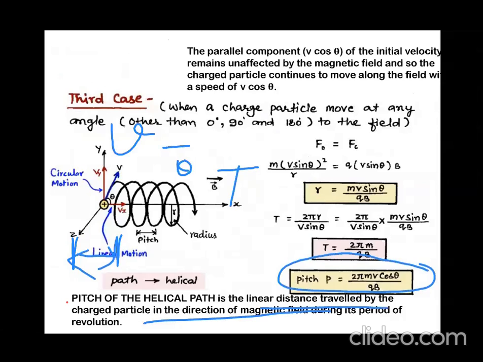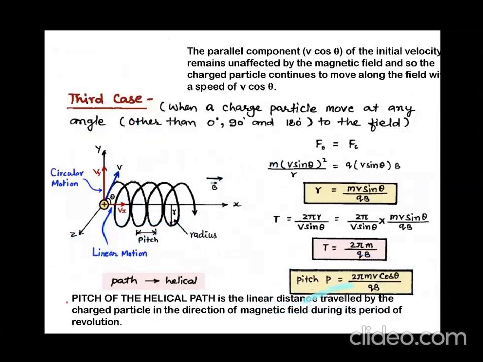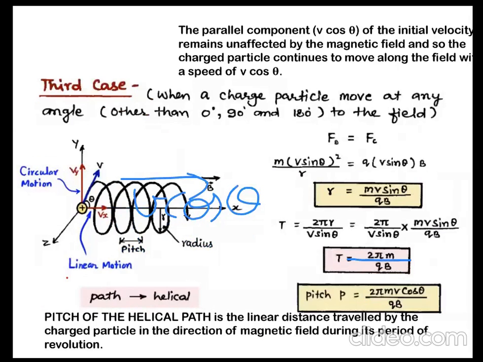Means after completing one circle, how much distance it moved ahead along the x-axis, that is the pitch of the helical path. And in pitch we know that the linear path is covered because of which component? It is because of v cos theta. So in pitch you have v cos theta. So this is it, children. Tomorrow we will continue further.